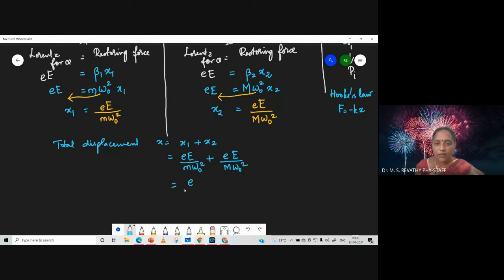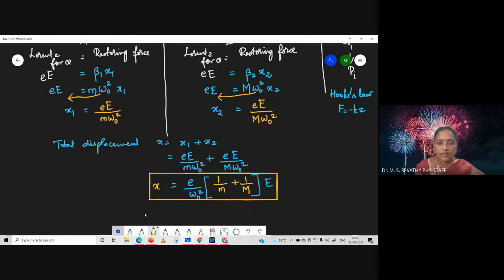So E divided by omega naught square I'm putting outside in front, and let me put this capital E behind. So E by omega naught square and capital E are the common ones. Within the bracket, I can substitute 1 by small m plus 1 by capital M. So we have found the total displacement. This is the equation for total displacement.